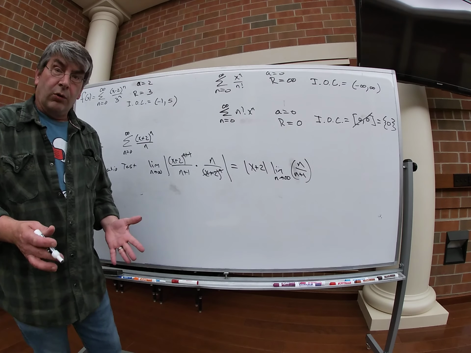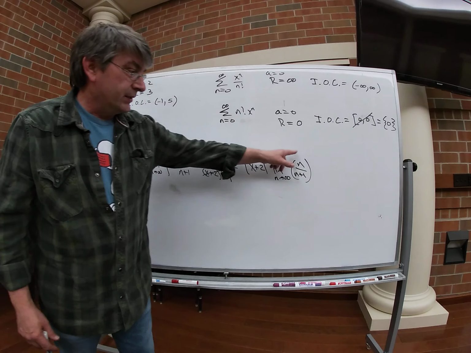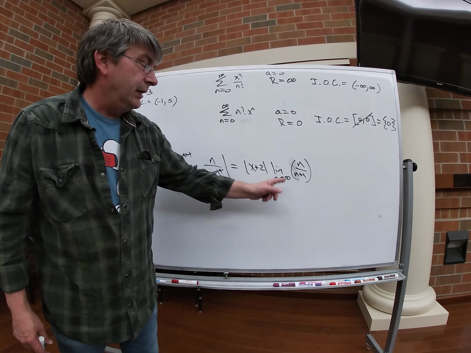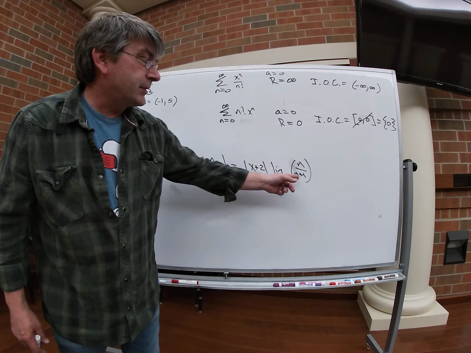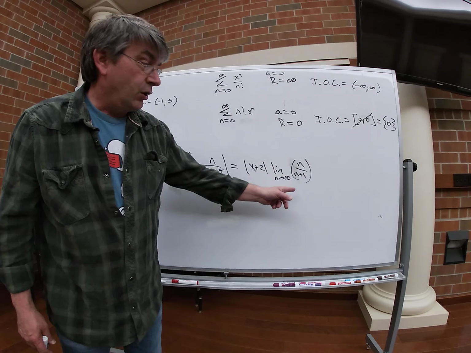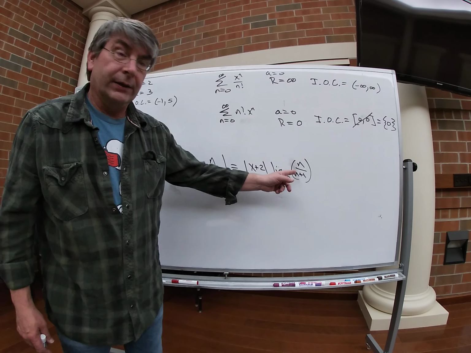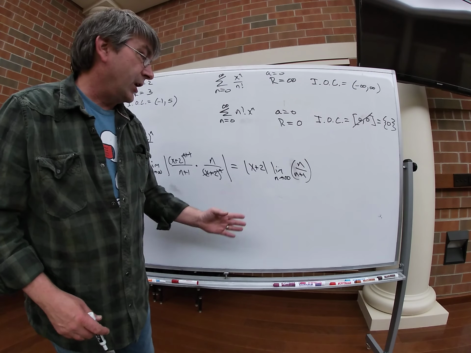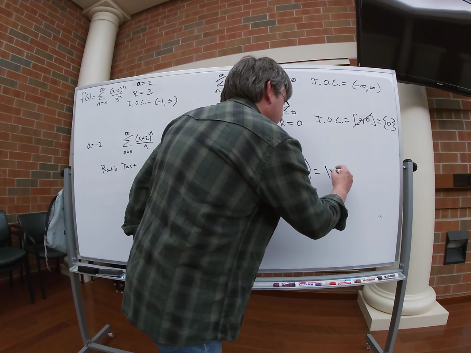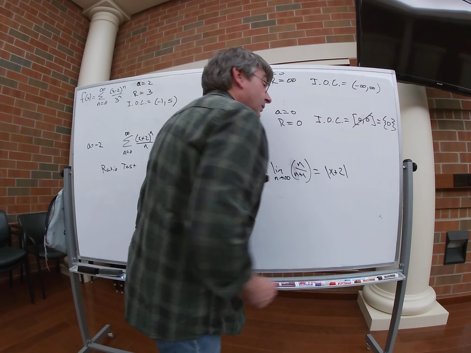Well, if you remember your horizontal asymptotes, this is a quotient of polynomials of the same degree, like x over x plus 1. As n goes to infinity, that would go to the ratio of the coefficients, which would be 1 over 1. So this is like a horizontal asymptote. That limit's going to be 1. So we just get absolute value of x plus 2 times 1.